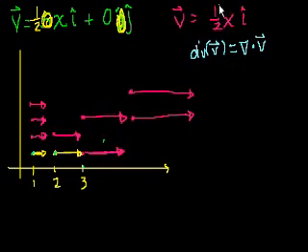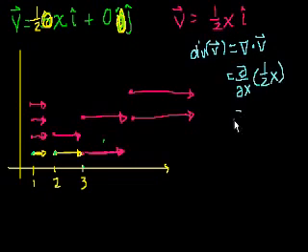But we only have one dimension, so it's the partial derivative of the x magnitude with respect to x. So it's equal to the partial derivative with respect to x of 1/2 x. The derivative of this with respect to x is just equal to 1/2. So the divergence of this vector field at any point is 1/2.